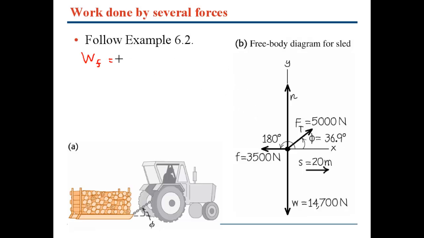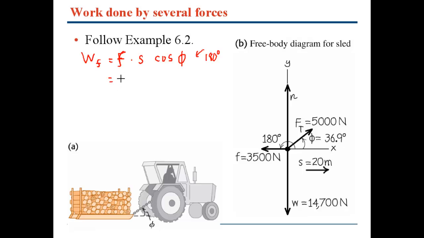What we can do is ask how much work was done by the frictional force, and the angle between the frictional force and the displacement is going to be 180 degrees. So our work is equal to our frictional force multiplied by the displacement multiplied by the cosine of the angle between the two. That is going to be 180 degrees. Cosine of 180 is going to be -1.